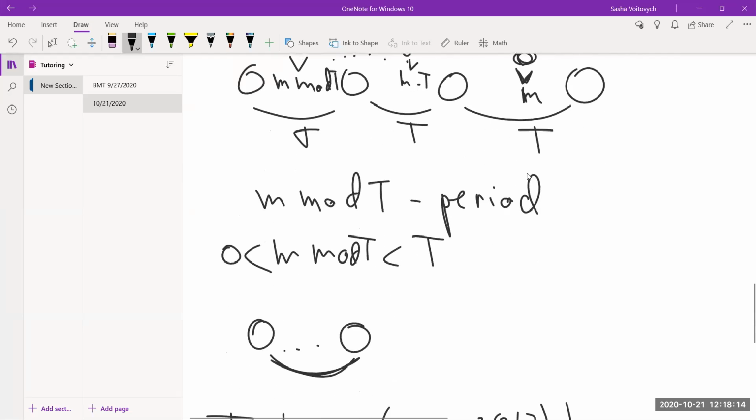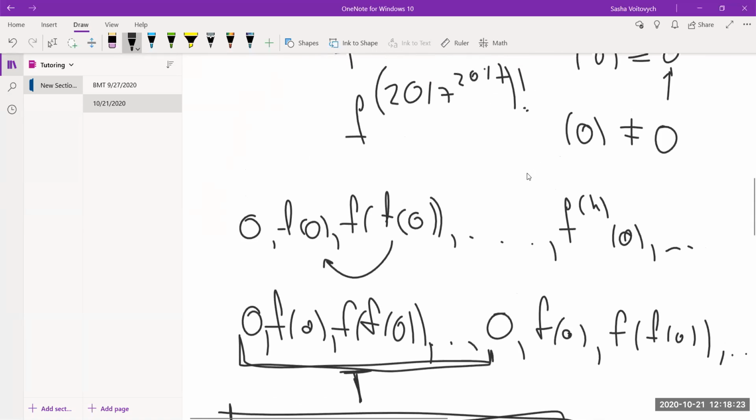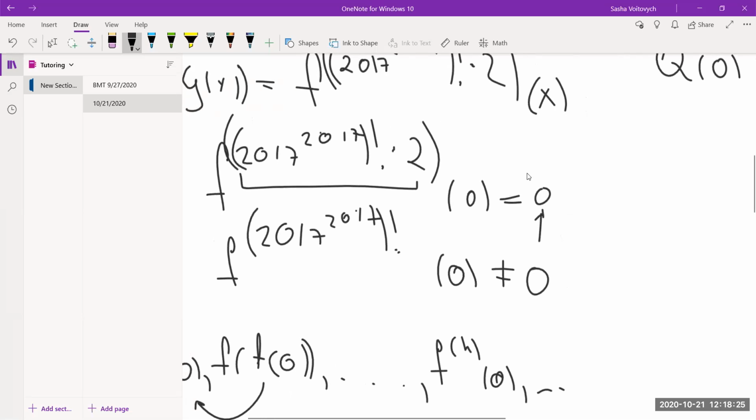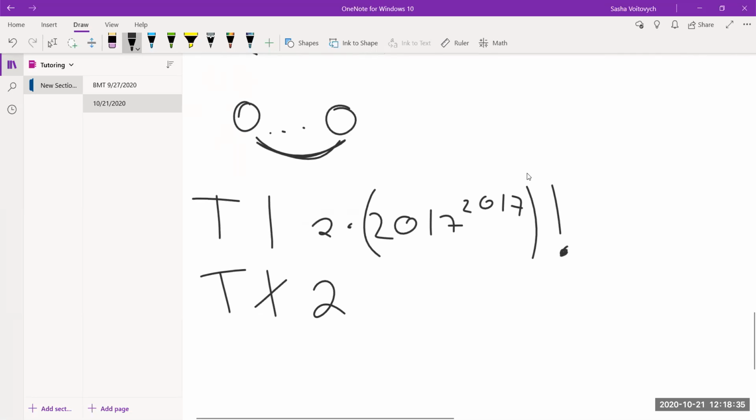So t divides this guy, and because f concatenated with itself this number of times of 0 is not equal to 0, it means that t does not divide this guy.